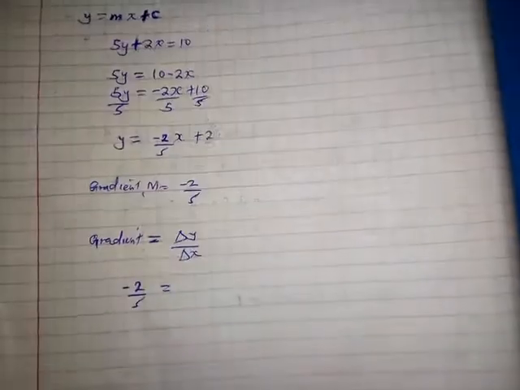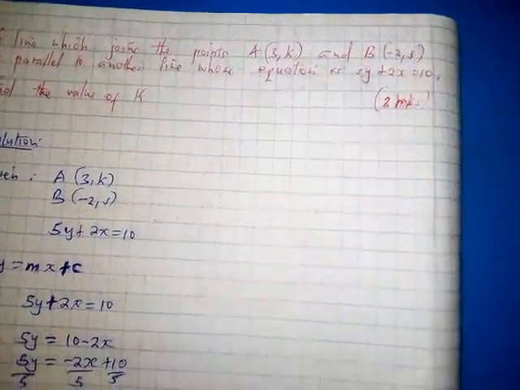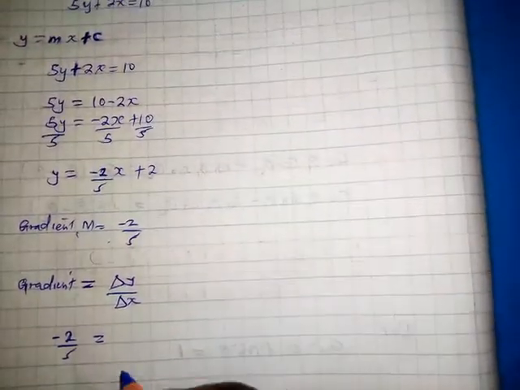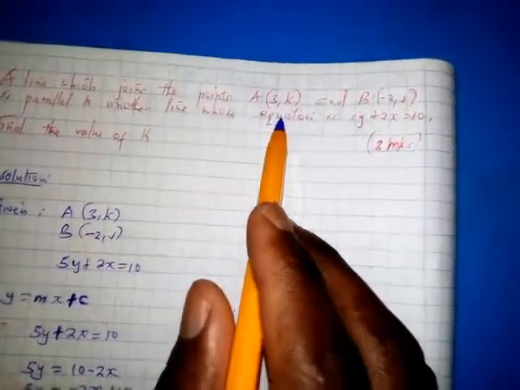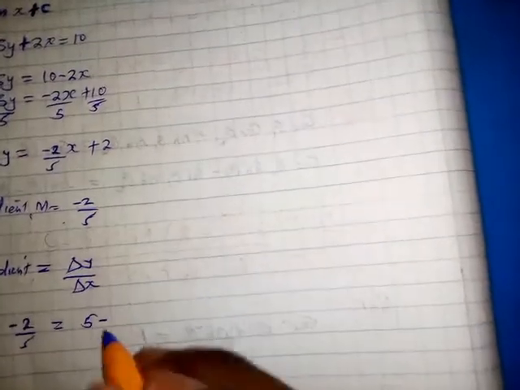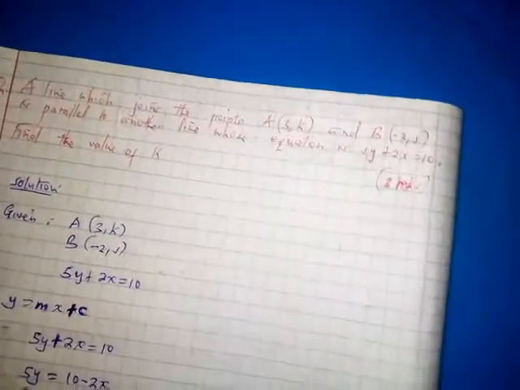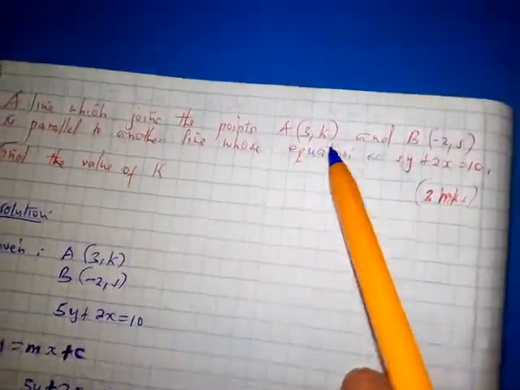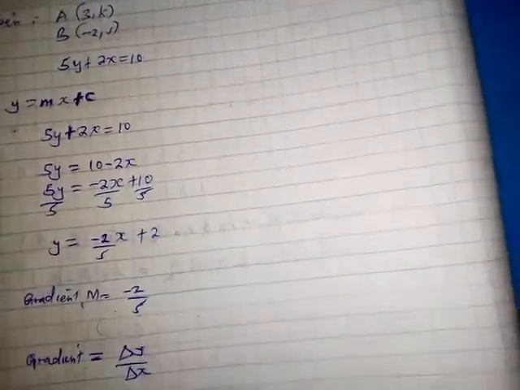Therefore, the gradient is equals to change in y. Take 5 minus k over negative 2 minus 3.